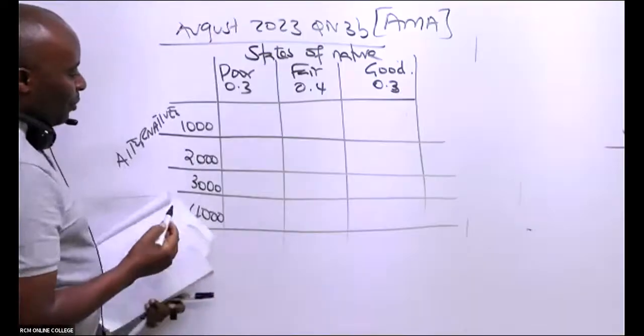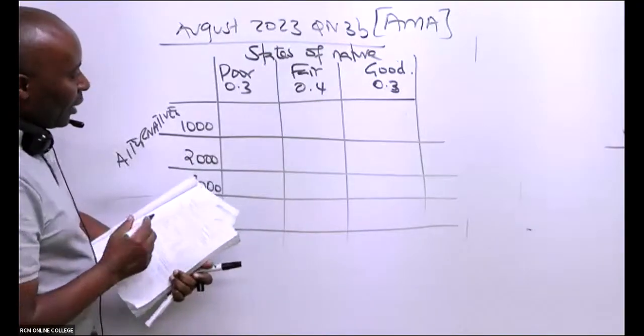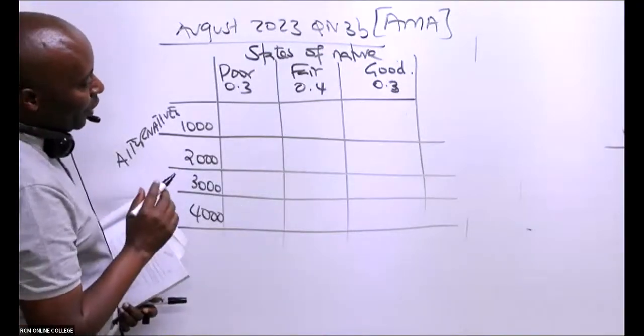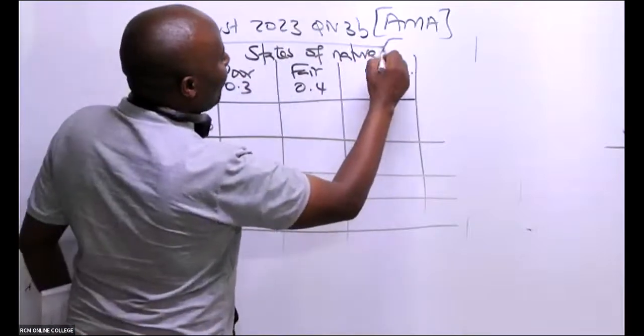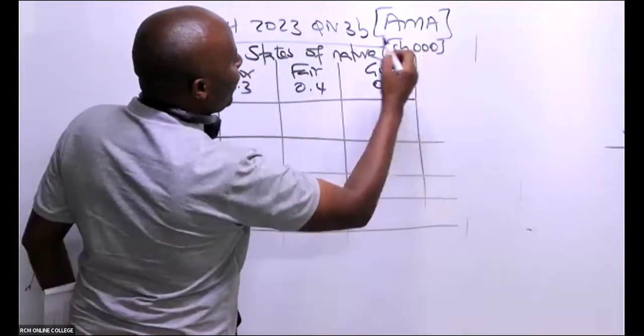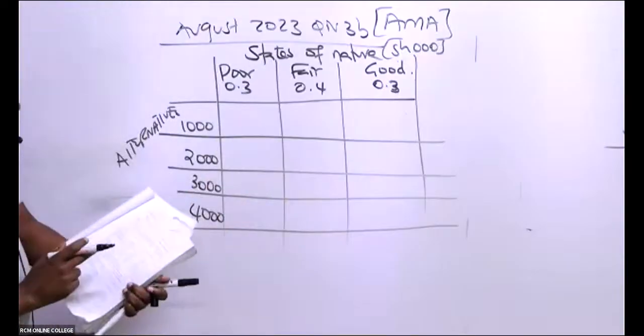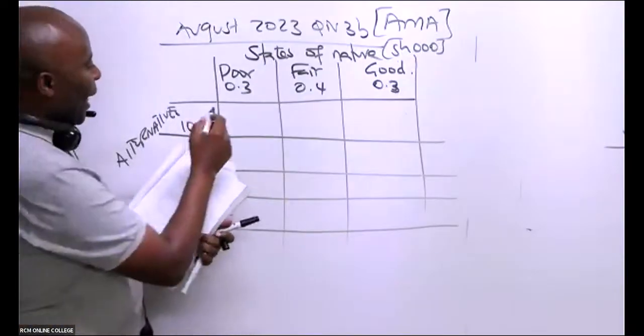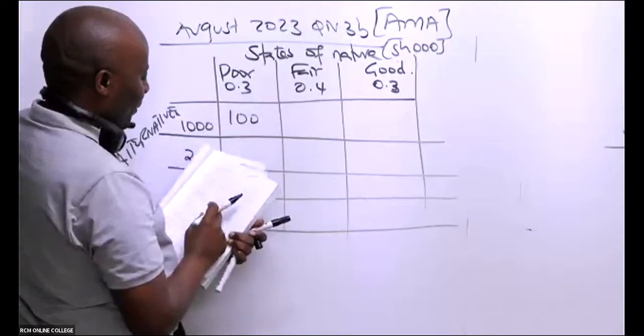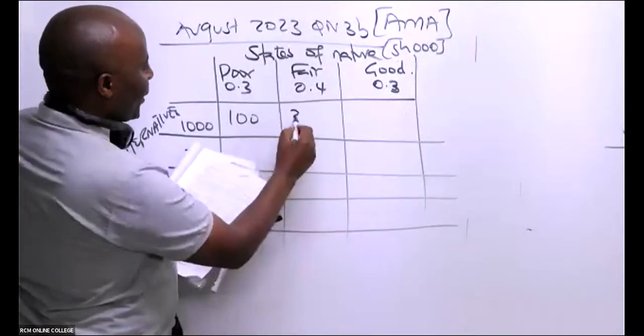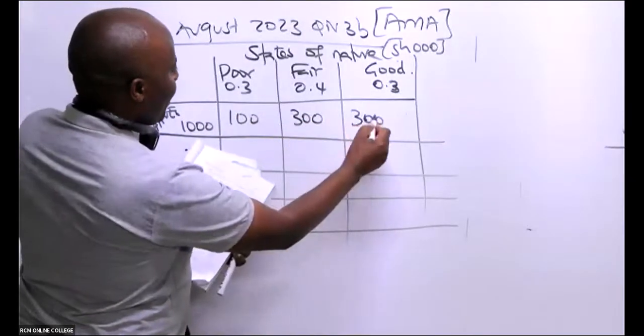You don't have to draw this because I think you drew it in our last class. Remember, our figures are in shillings, thousands. Unlike the examiner, we are chopping the 3 zeros. So we have there 100, we have here 300, 300.